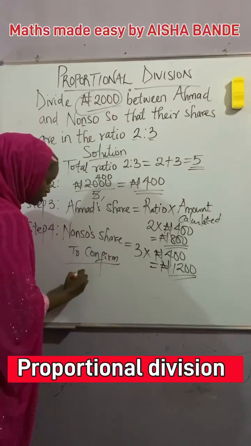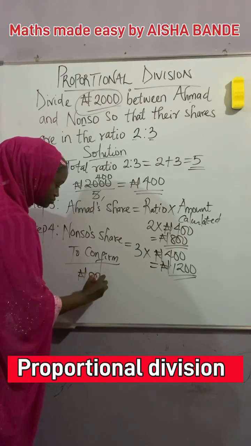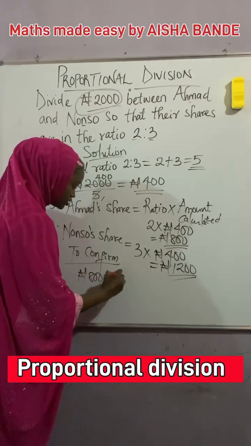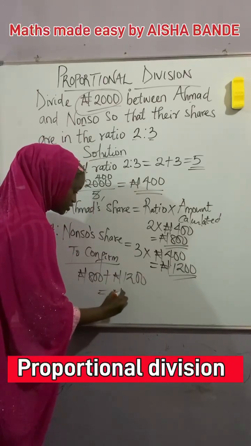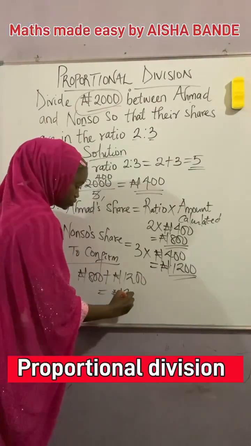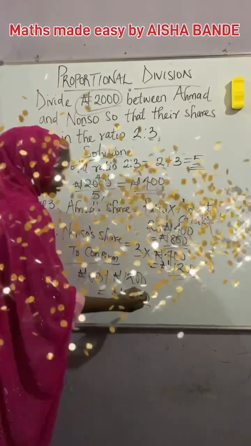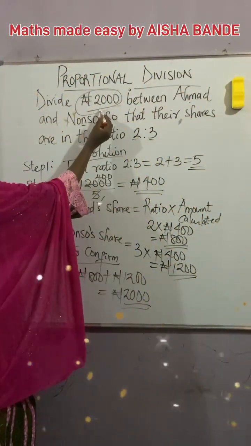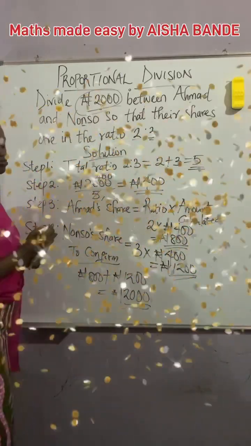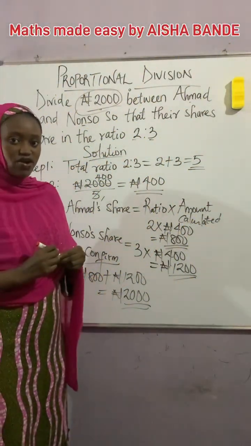So we have 800 naira plus 1,200 naira, which gives us a total of 2,000 naira. So this shows that our answer is correct, because from the question they have to share the sum of 2,000 naira.